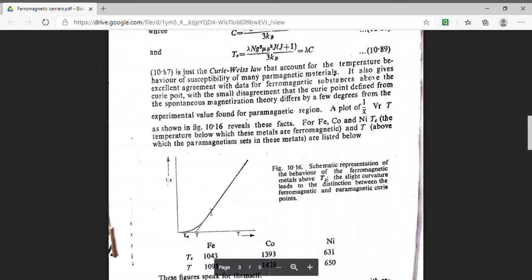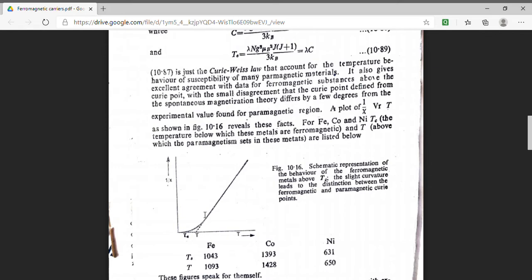This graph is a straight line which approaches Tc, and another graph is a straight line which approaches the x-axis at a temperature T. We can say that there is a temperature above which the material is paramagnetic and a temperature below which the material is ferromagnetic, and there is a slight difference between these two temperatures.